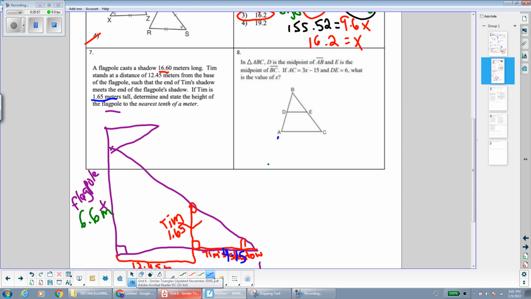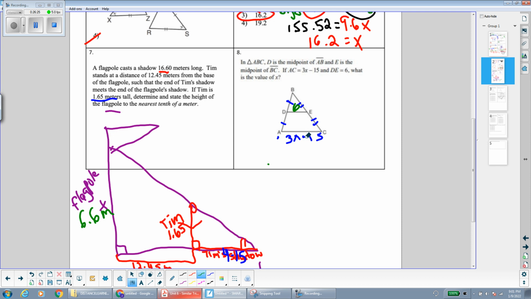Okay, question number 8. Triangle ABC, D is the midpoint of AB, and E is the midpoint of BC, so DE is the midsegment. AC is 3x minus 15, and DE is 6, and we need to find x. Remember that in a triangle, the midsegment is half the length of the third side, which is the side that the midsegment is not touching.